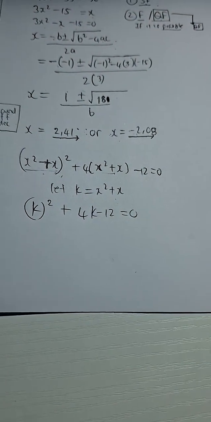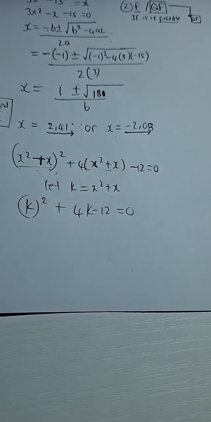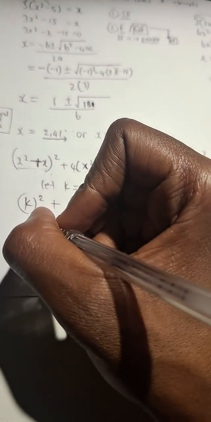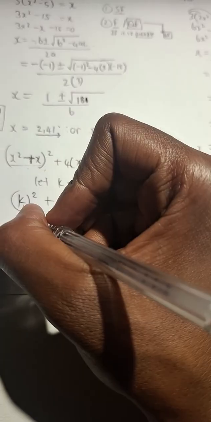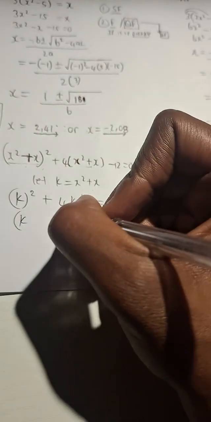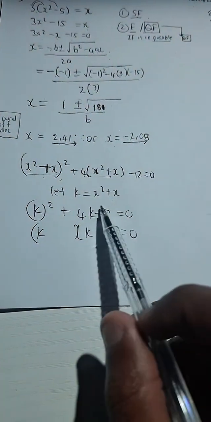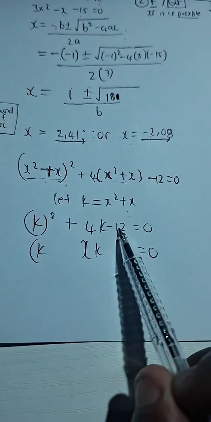When we look at this, we're back in grade 9, solving a quadratic equation where the coefficient of the k squared term is 1. So that means we are going to open 2 brackets, put our k's there, and find the factors of negative 12.